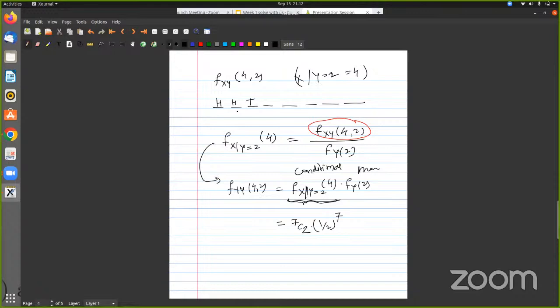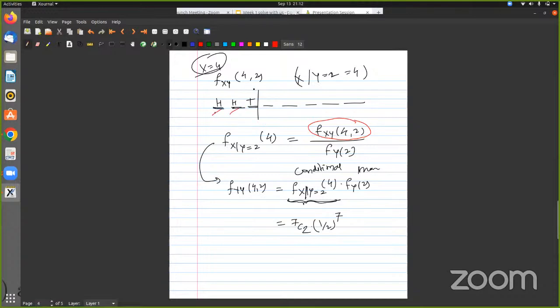So given that I know that in the first three tosses I have two heads and one tail, what is the probability that X will take 4? What do you mean by X equals 4? That means I need four heads in 10 tosses, right? But already I know that in the first three tosses I have got 2 heads.